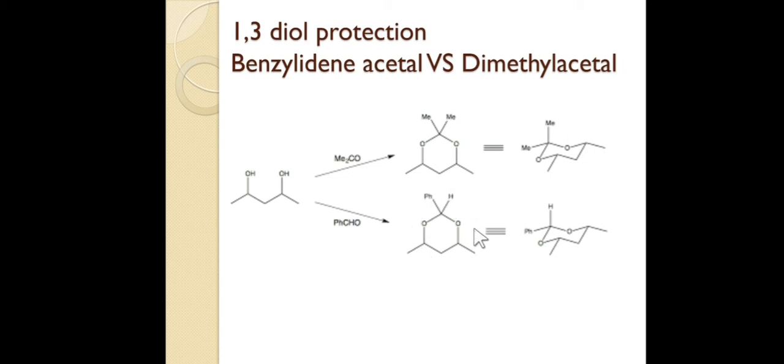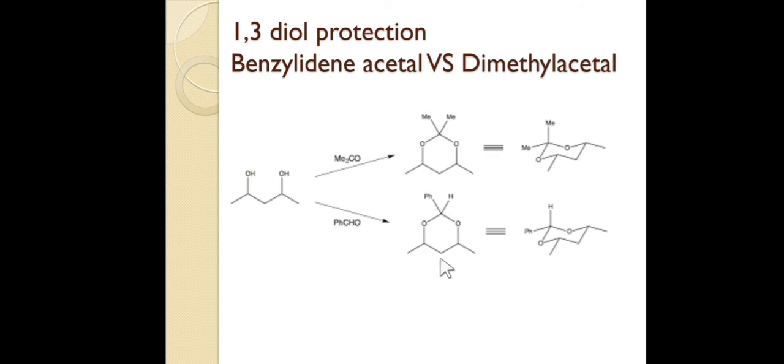In the benzaldehyde acetal there is a Ph equatorial and a hydrogen axial. So this is how the benzaldehyde protection in case of 1,3-diol is very stable and is commonly used. So this is the reason why we are not using dimethyl acetal formation for 1,3-diols and why we are using benzaldehyde protection for the 1,3-diol.